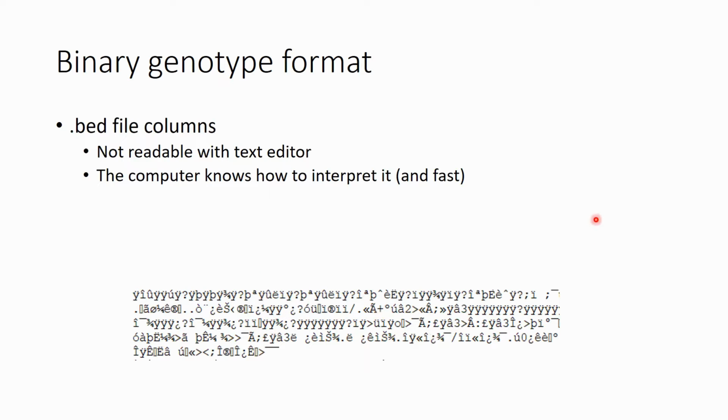But the computer recognizes these binary files very well and can work with them in a very efficient and fast manner. As far as efficiency and speed are concerned, I believe these binary genotype formats are the best solution for your datasets. But of course, there are many others that could be useful on many other occasions.